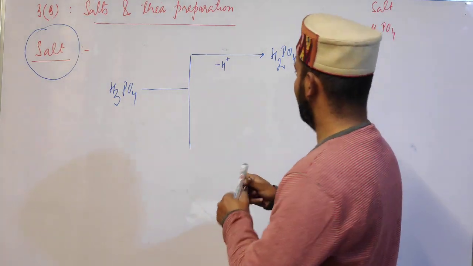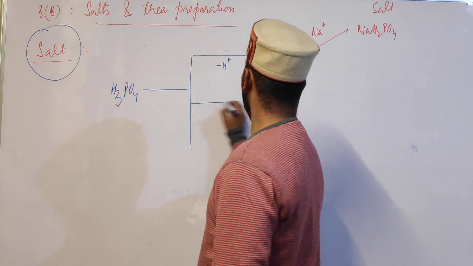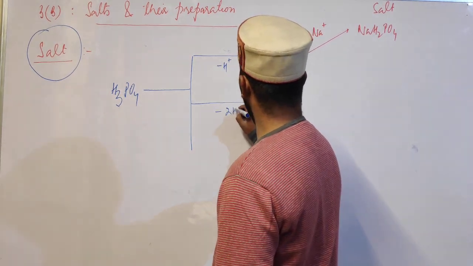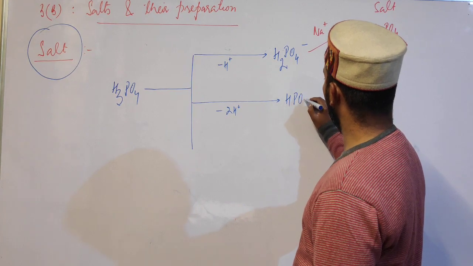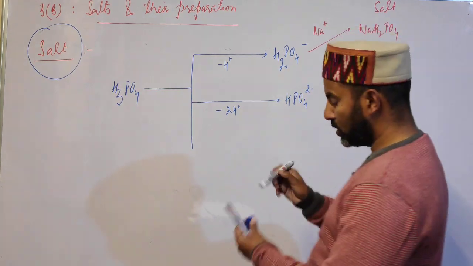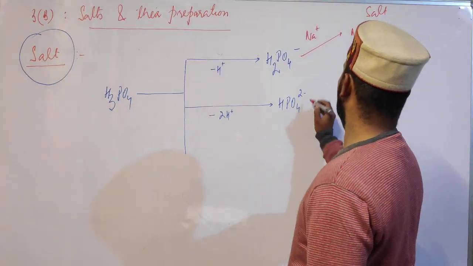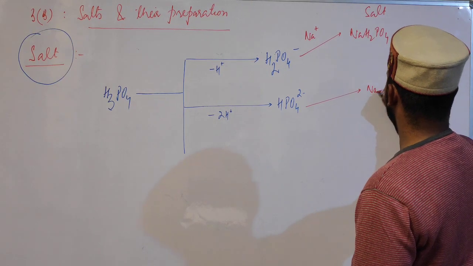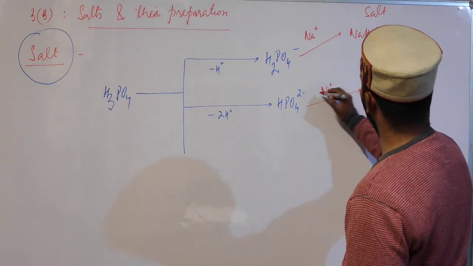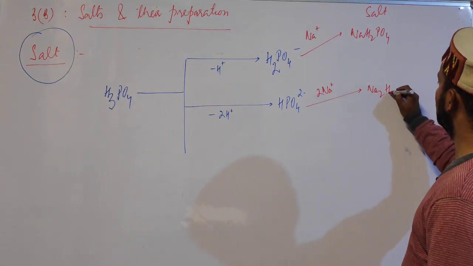Now students, I can have replacement of 2 hydrogens. In that case, we will get HPO4 2 negative. And students, this will combine with a metallic ion, say sodium, but here we require 2 sodium so as to balance this 2 negative. So it will be this.